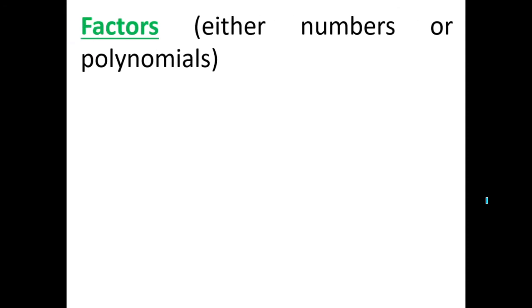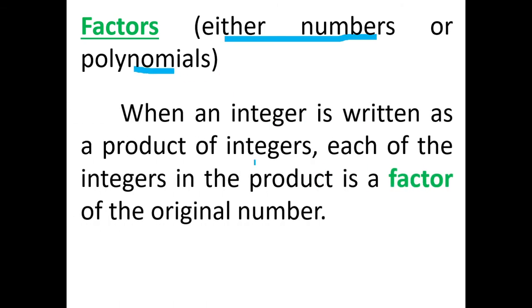Okay, so sabi yan, factors, either numbers or polynomials. When an integer is written as a product of integers, each of the integers in the product is a factor of the original number, diba?